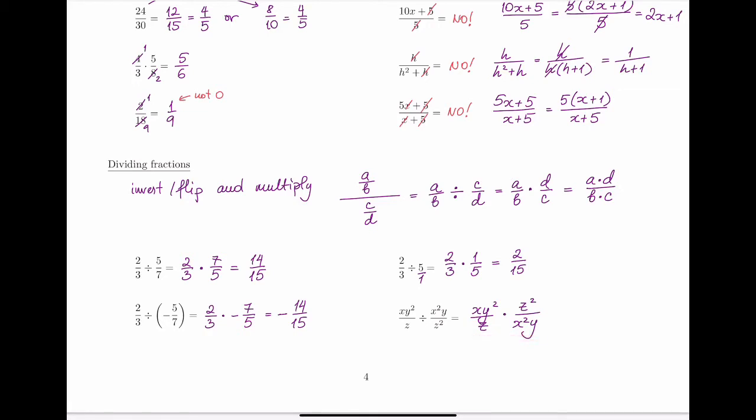So notice, for example, that this x will cancel out with one of these x's, with an x squared. This y will cancel out with one of the y's here, and this z will cancel out with one of the z's here. So what I will have left is y times z all over x.